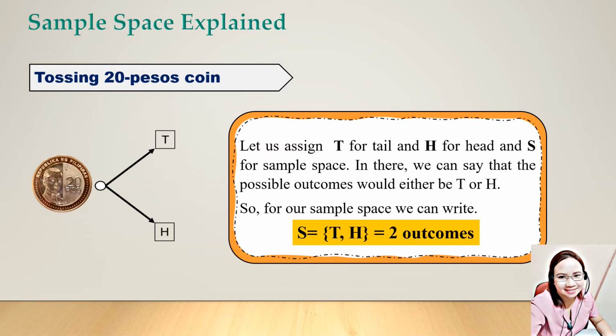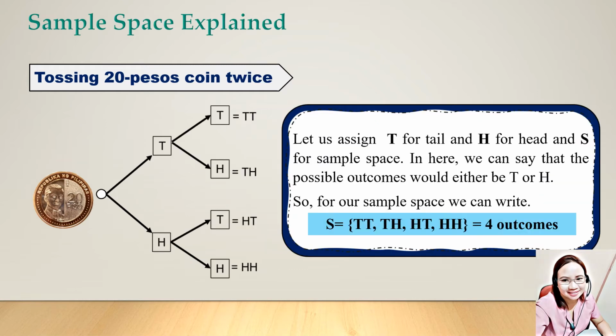Sample space is represented by the symbol S. Let us assign T for tail, and H for head, and S for sample space. In there, we can say that the possible outcomes would be T for tail or H for head. So for our sample space, we have 2 outcomes. When writing sample space, we list all the possible outcomes separated by comma and enclosed in braces.